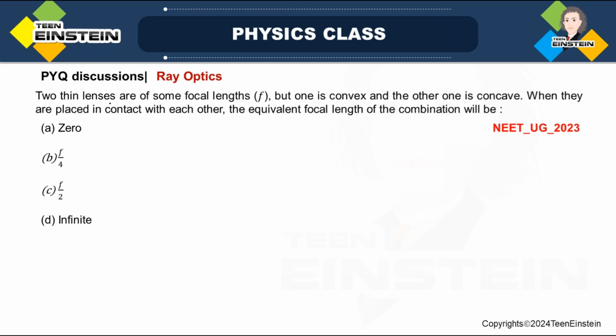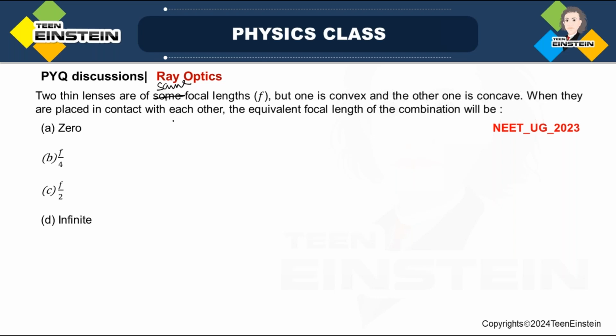The first question is: two thin lenses are of the same focal length f, but one is convex and another one is concave.